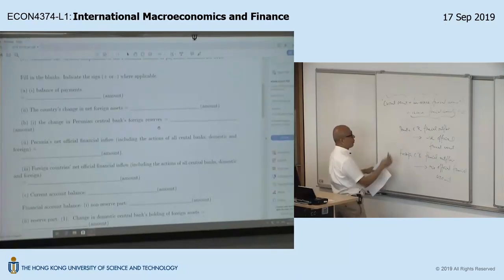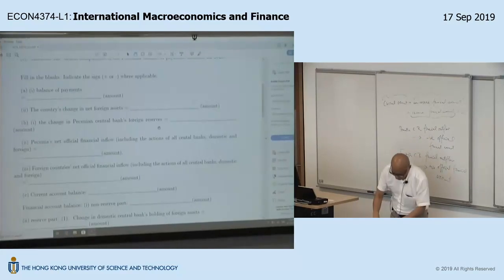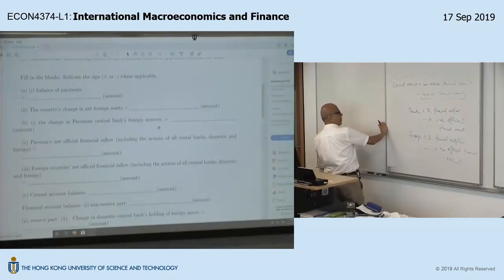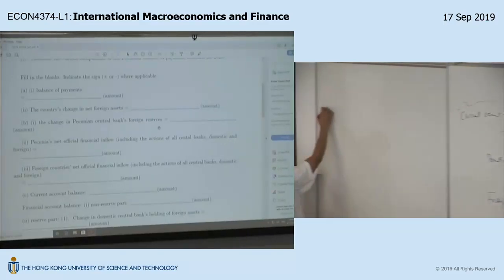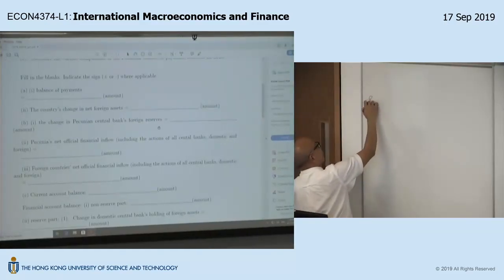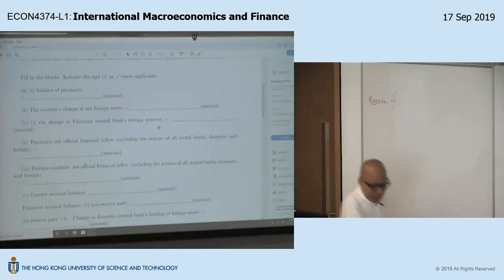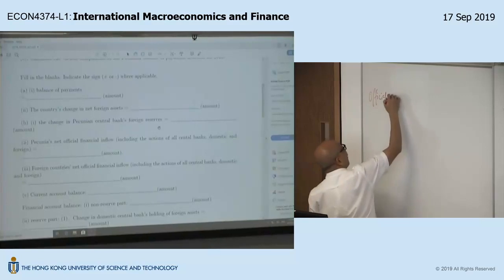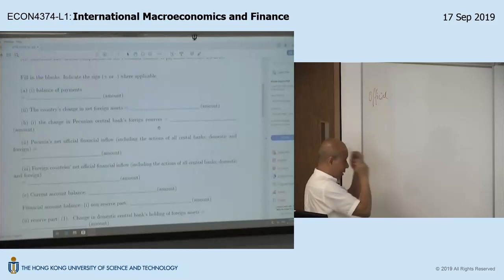So, in other words, to be very clear, the reserve part, or official, let me call it official reserve part, or official financial account balance, okay.